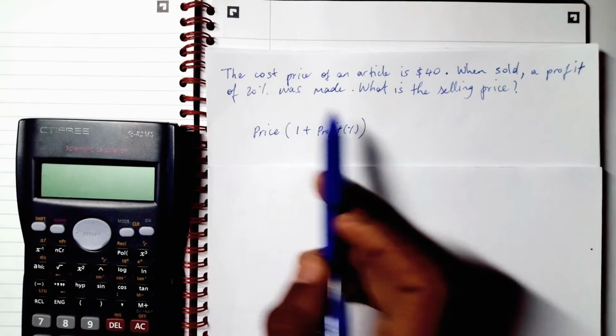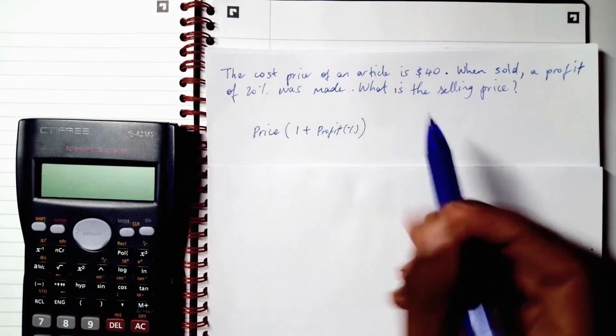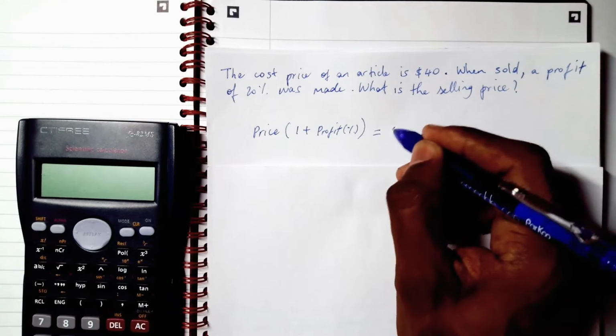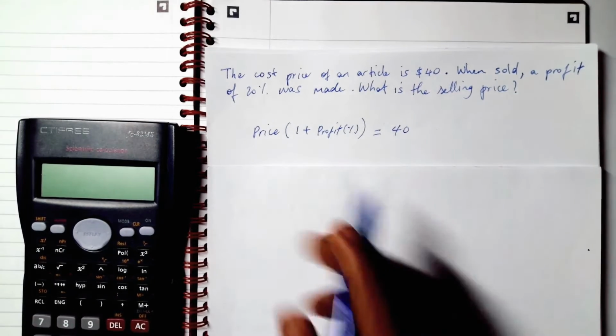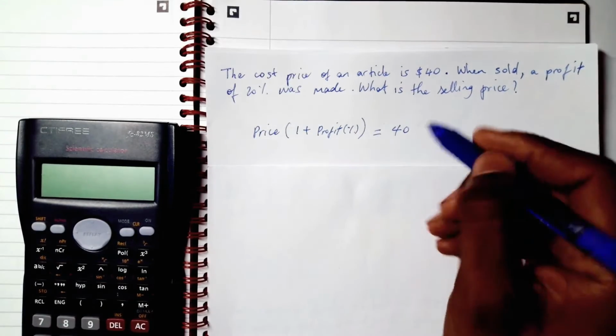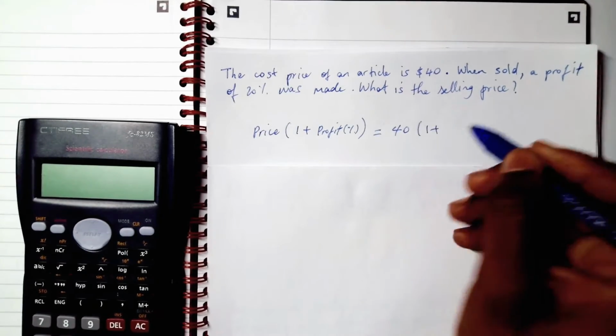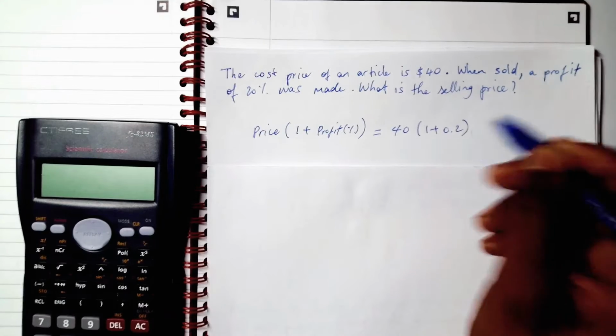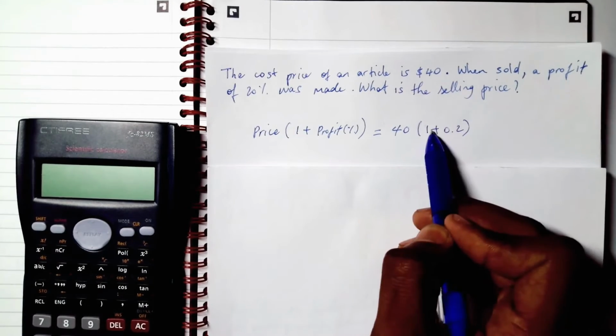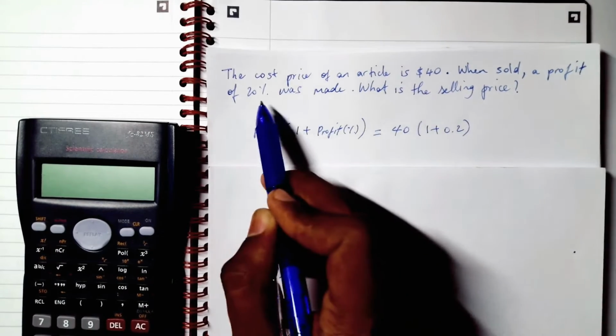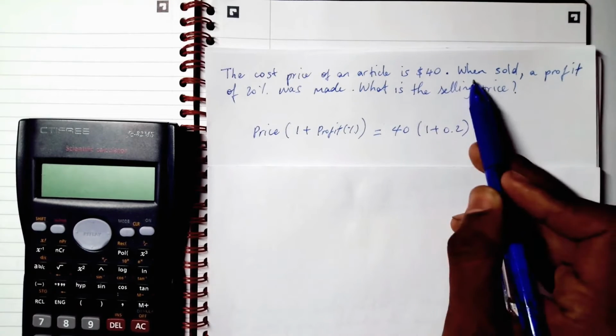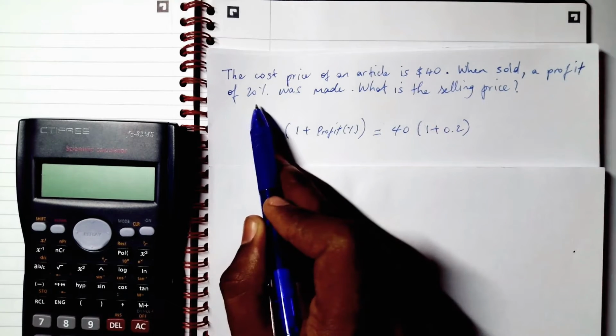All right. So based on our numbers here, we represent this as such: $40 is the cost price of an article, multiplied by 1 plus 0.2, which is our 1 plus our profit, sold at a profit of 20%.